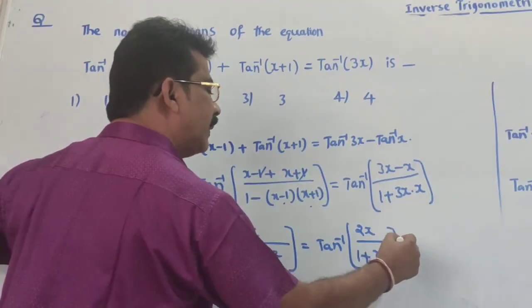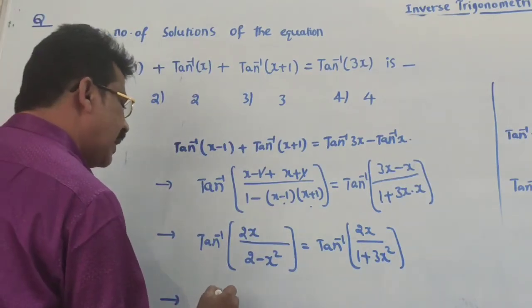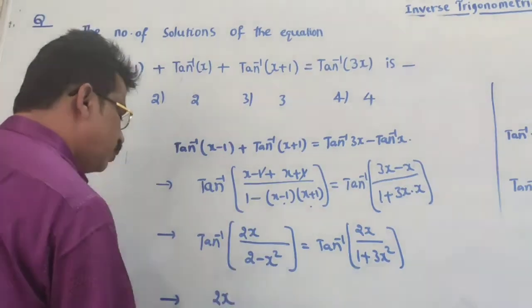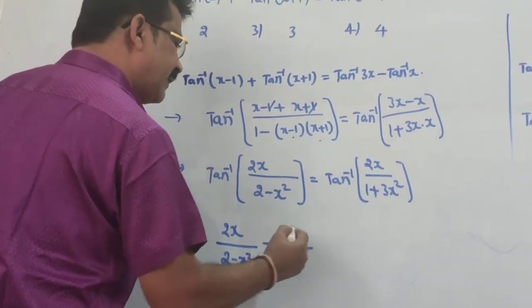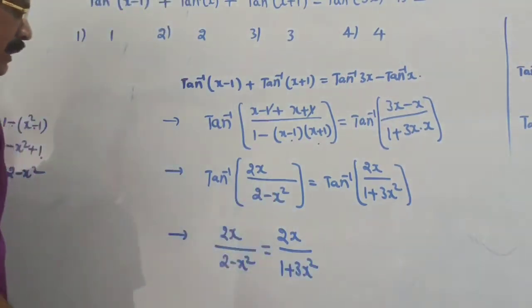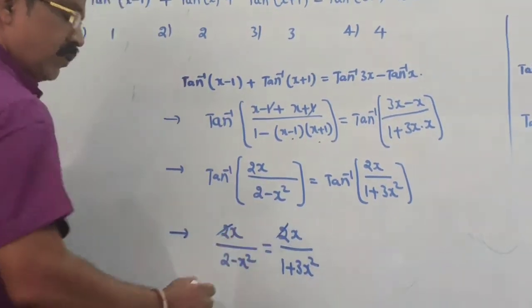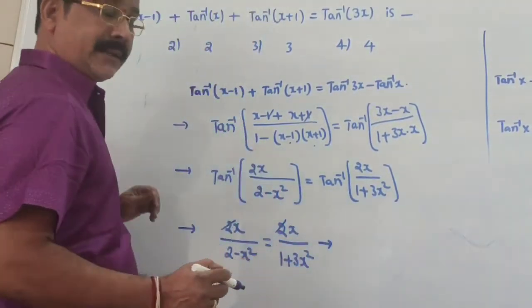3x square. So, easily we can write it as 2x divided by 2 minus x square equal to 2x divided by 1 plus 3x square. So, we can cancel the numerical values like that. After that, take the right side.